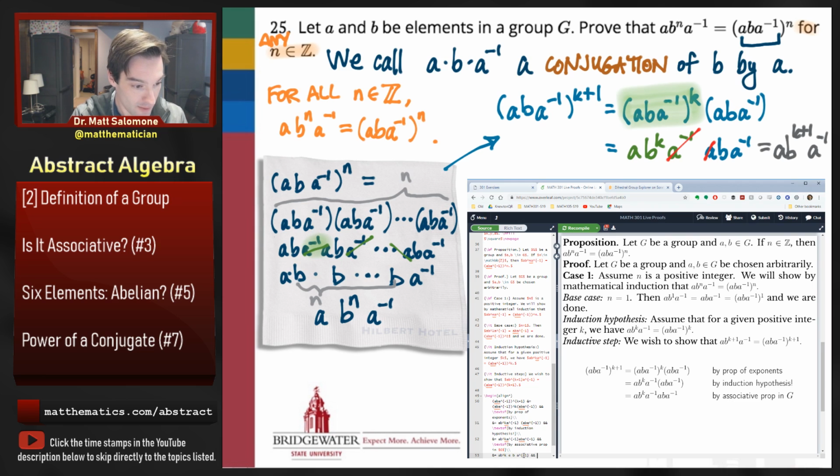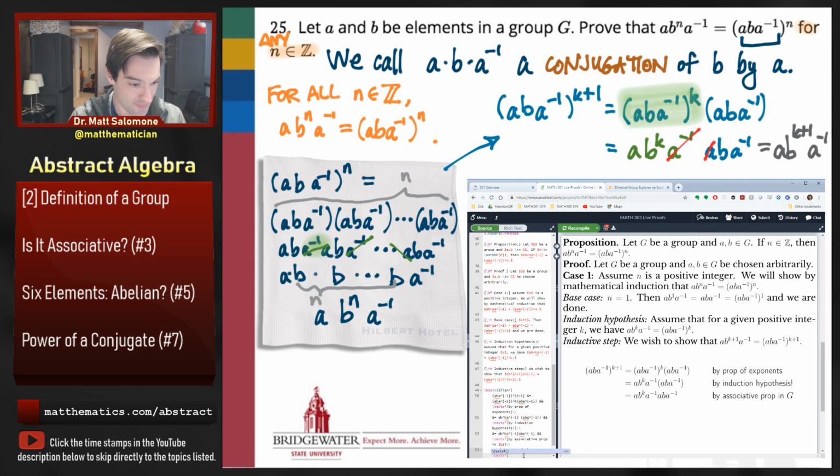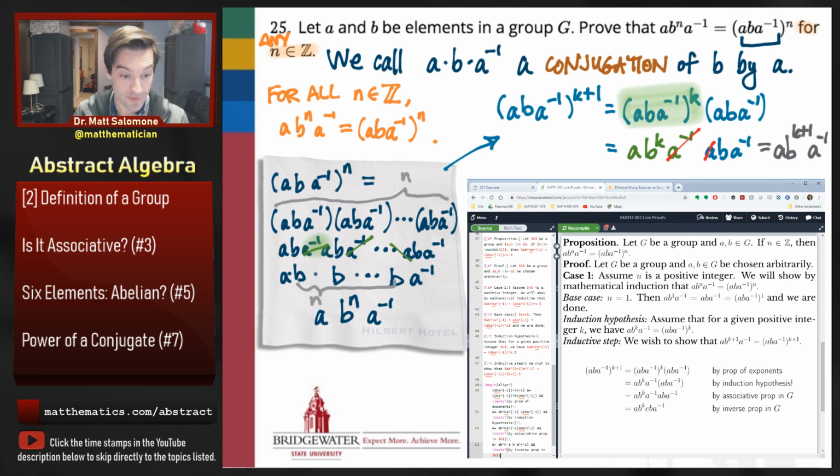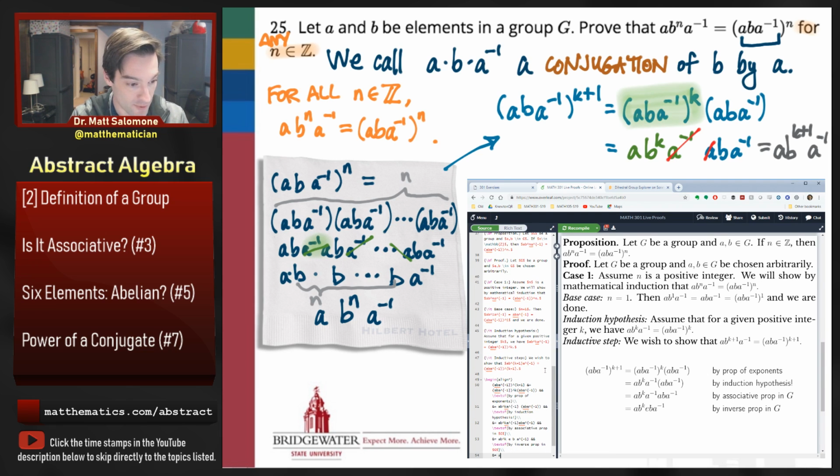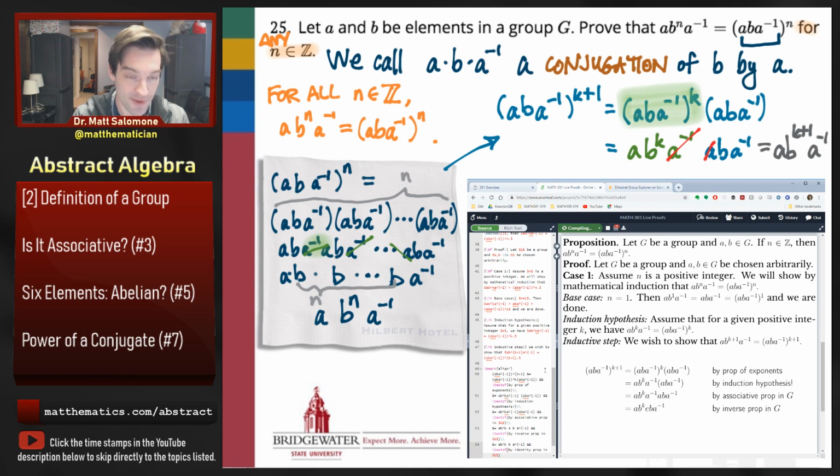And again, later on down the line, we're not going to be as explicit about those steps, but let's be explicit now by the inverse property in G. Because G is a group, it has the inverse property, and so A inverse times A is equal to the identity element E. And then we can get rid of that E using the identity property. A, B to the K, B, A inverse. By the identity property. Because G is a group, we know it has the identity property. And so we get that.